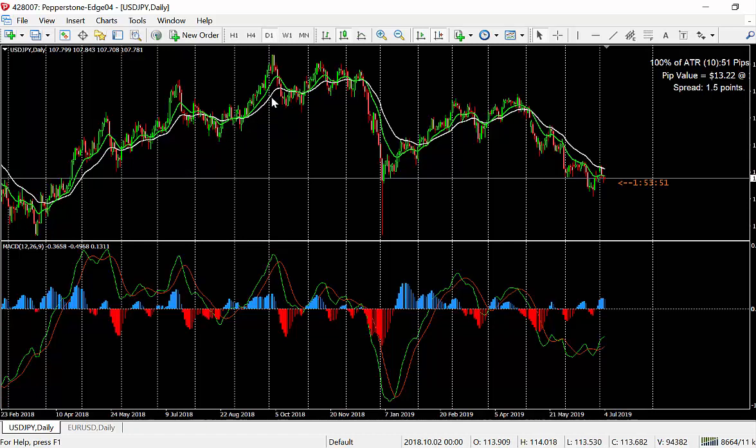We can't trust the 12 and 26 MACD setting. The price can break, but it doesn't go anywhere. It just comes back and hits your stop loss. So you must know that beforehand to get out of the market as soon as you can, or get in at the right time.